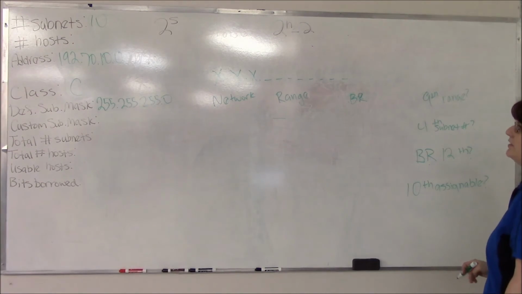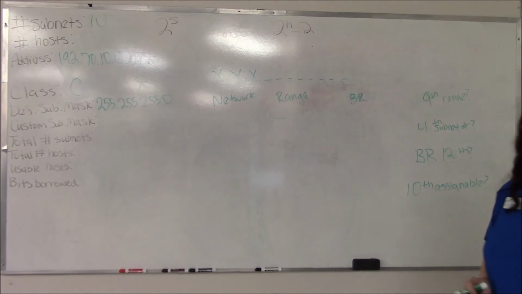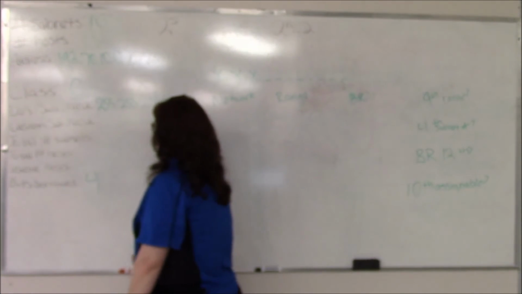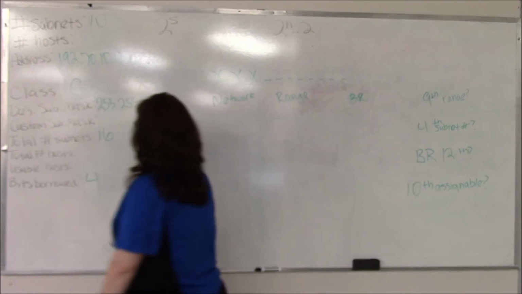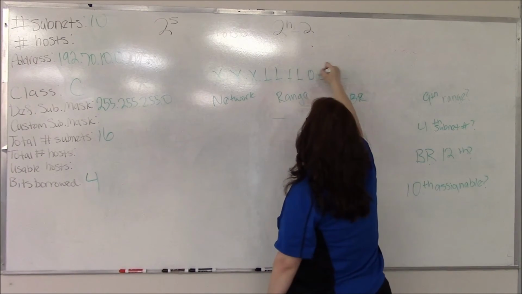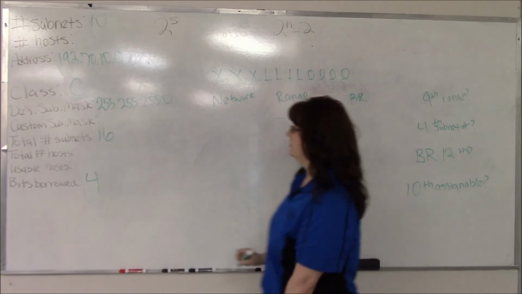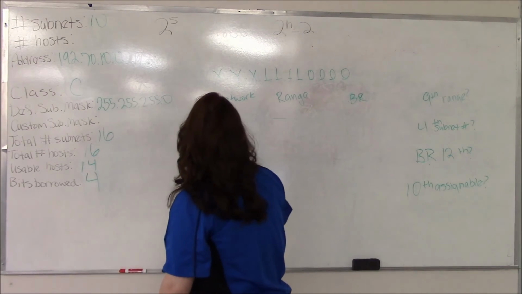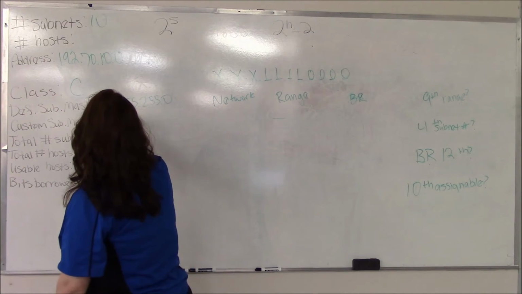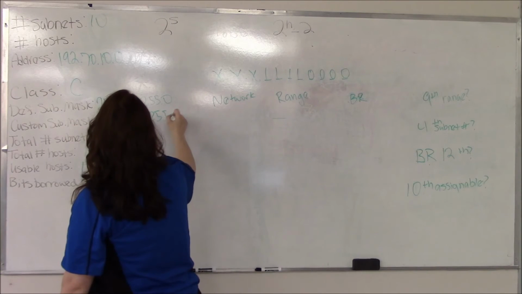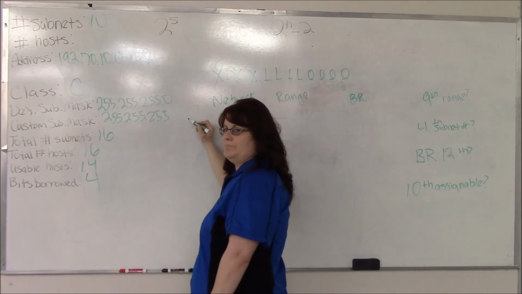I need 10 subnets. How many bits need to be turned on to give me 10 subnets? 4. 4 little bits gives me 16 subnets. 2 to the 4th is 16. 16 hosts, 14 usable. Custom subnet mask, 255.255.255.240.